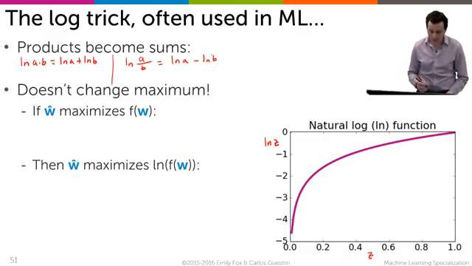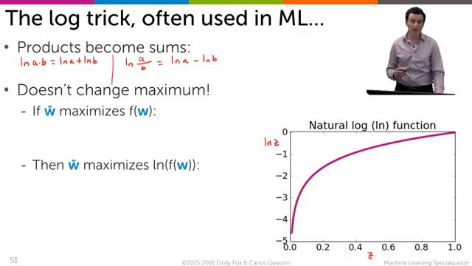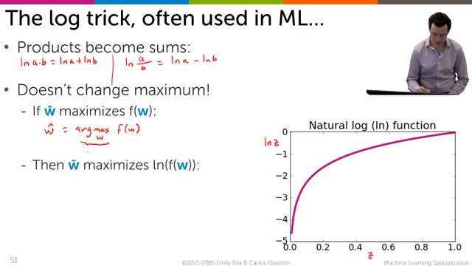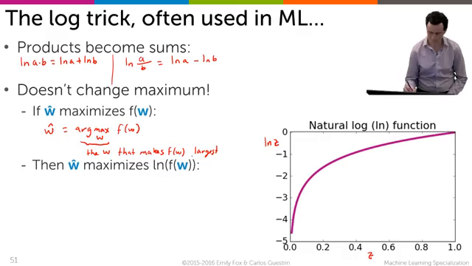The other property it has is that if you take a function f and you compute its maximum, taking the log doesn't change anything. If we denote w hat to be the arg max over w of f of w, this notation just means the w that makes f of w largest.